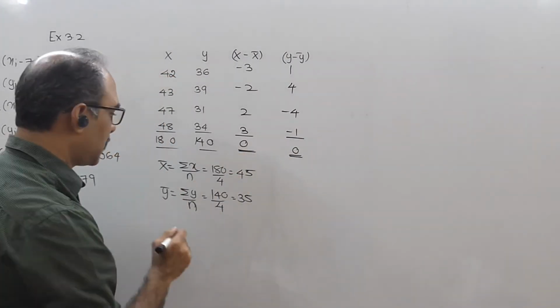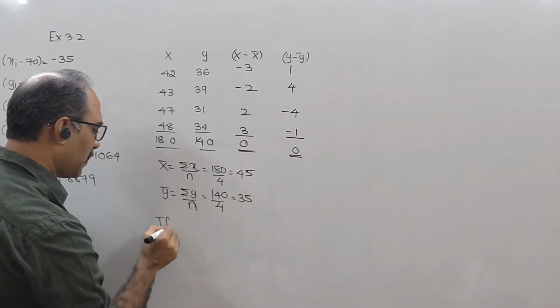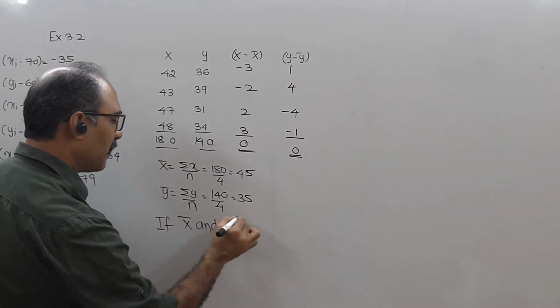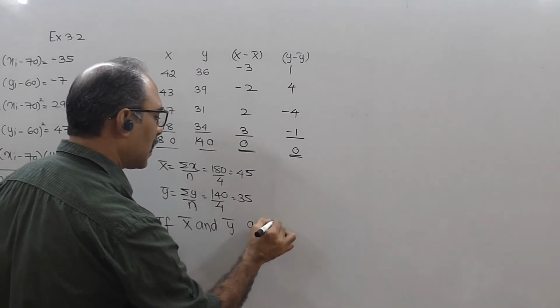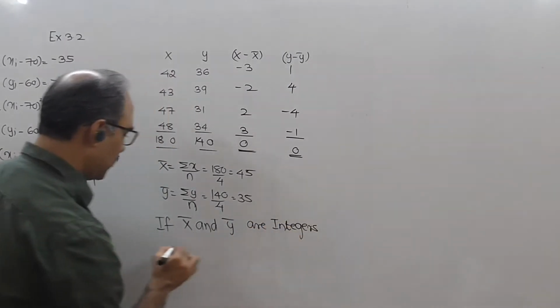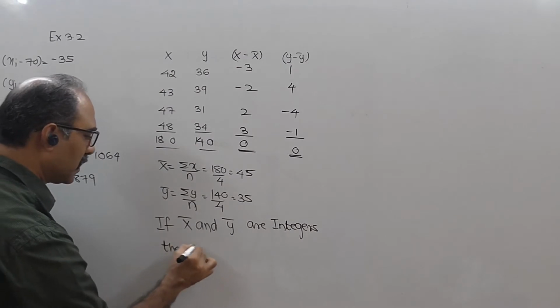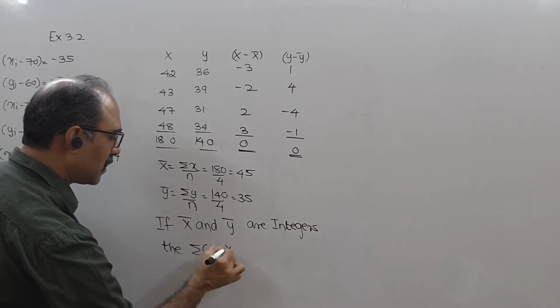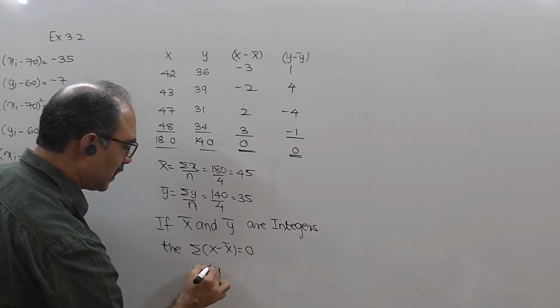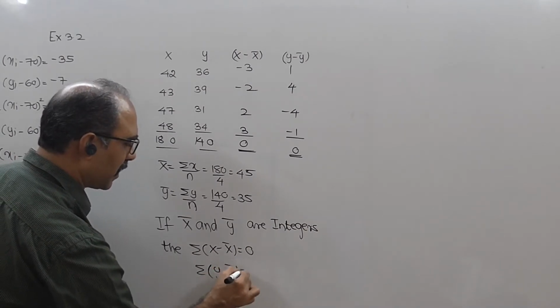So the meaning of this is, if x bar and y bar are integers, then sigma (x minus x bar) will be equal to 0 and sigma (y minus y bar) will be equal to 0.